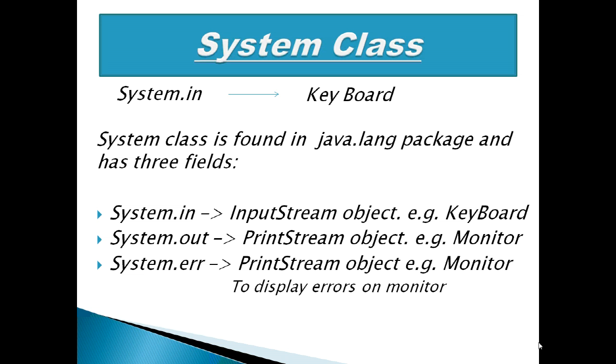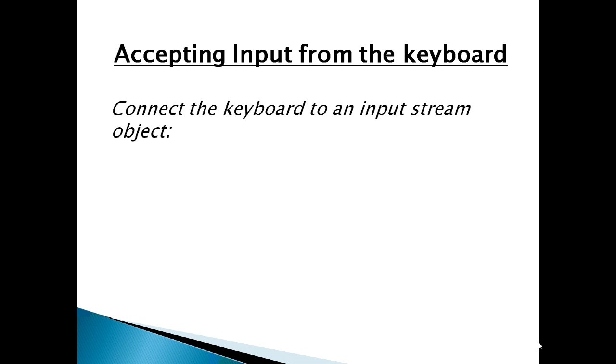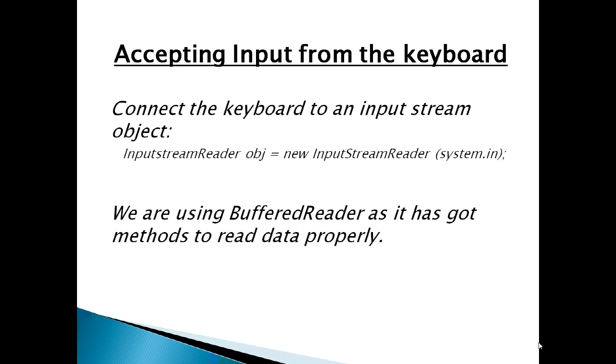Now we will discuss how to accept input from the keyboard. To connect the keyboard to an input stream object, we can use InputStreamReader that can read data from the keyboard. In this way, InputStreamReader obj = new InputStreamReader(System.in), and we are using BufferedReader as it has methods to read data properly: BufferedReader br = new BufferedReader(obj).